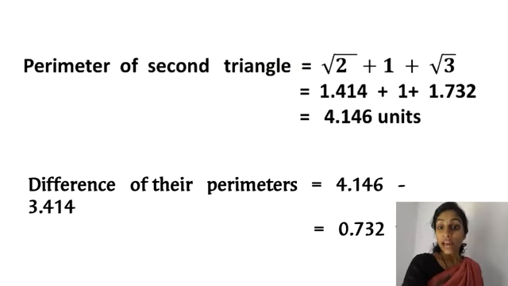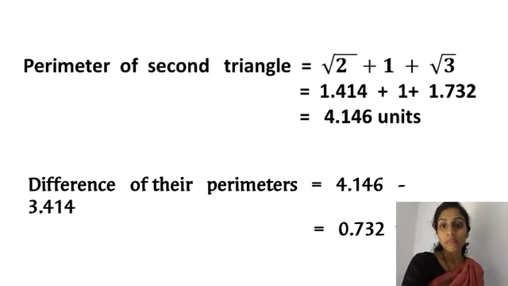And we have to find the difference of their perimeters, the first triangle and the second triangle. So the difference can be calculated as 4.146 minus 3.414, which is equal to 0.732 units.